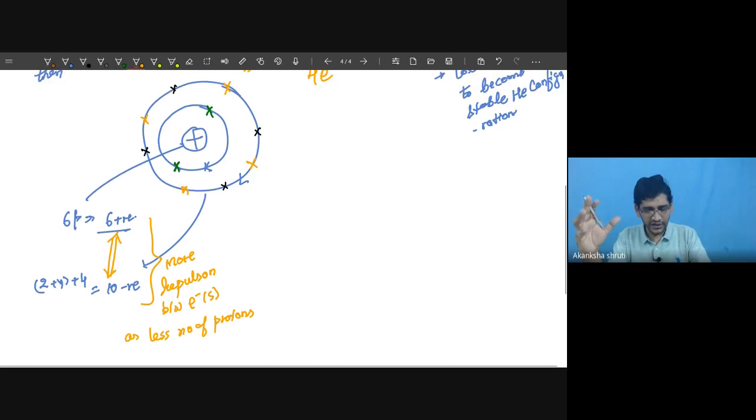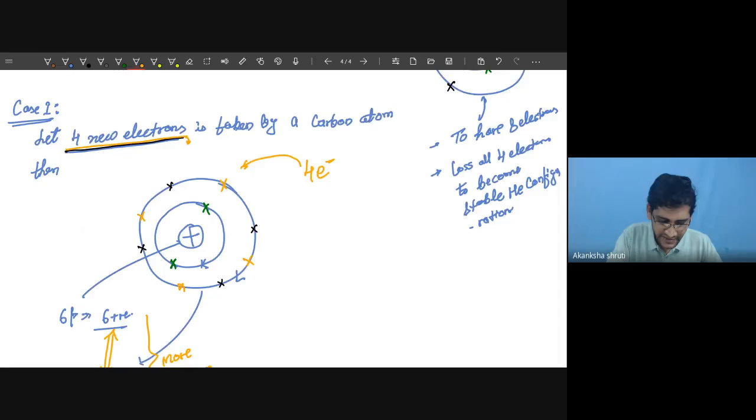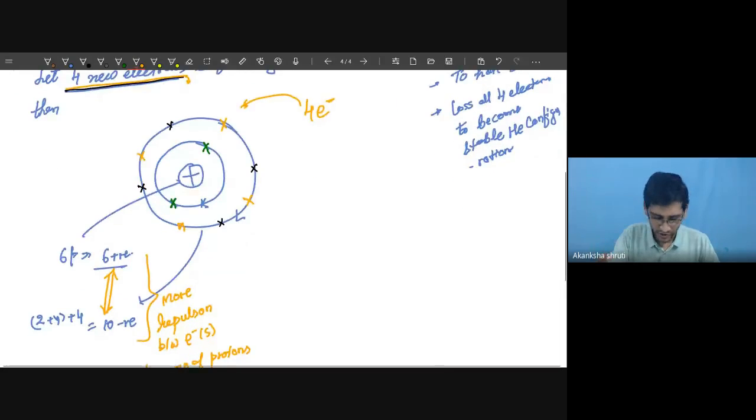Also, the size of this carbon atom is very small because of only two shells. So therefore, these four extra electrons cannot be accommodated or gained by the carbon atom. Whatever this first case or assumption we are taking, that is not possible.